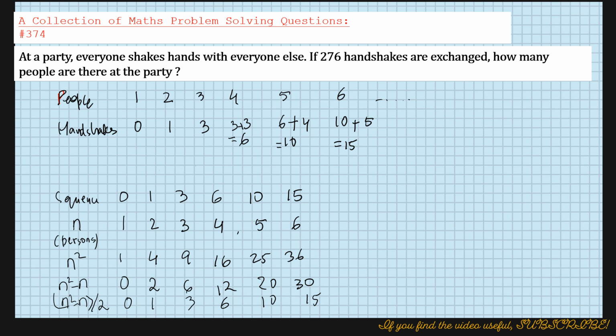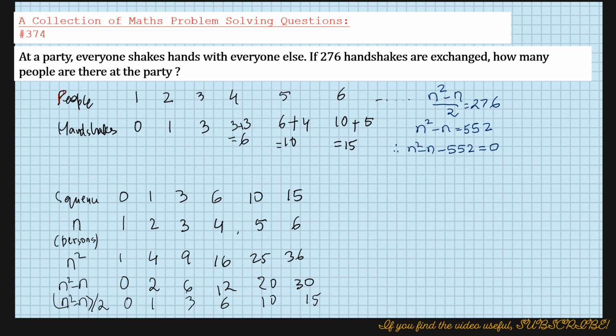So we get n square minus n out of 2 is 276, or n square minus n equals 276 times 2, and that gives you 552. And so we can write n square minus n minus 552 equals 0.